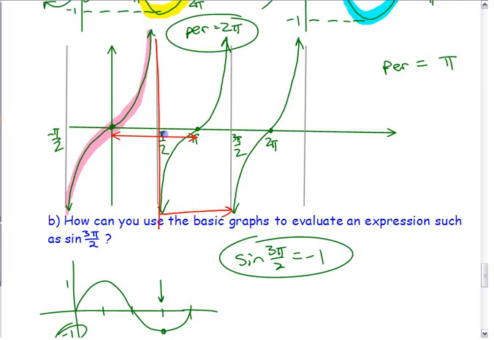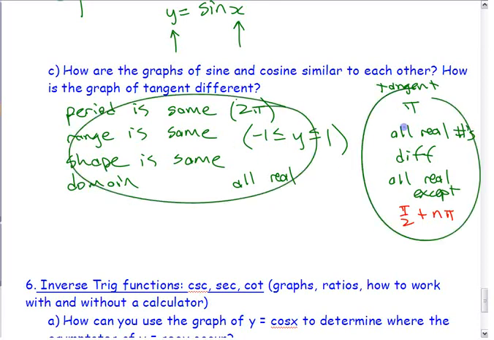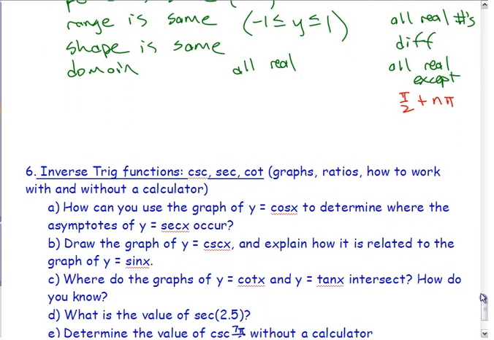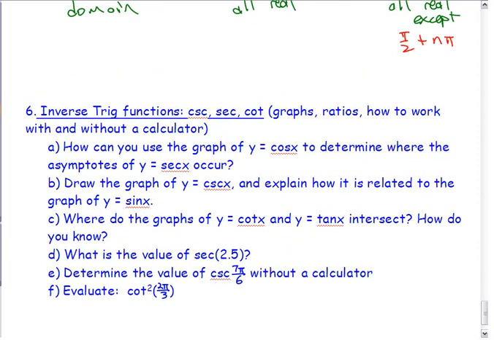So you can start at pi over 2 and add multiples of pi to get to any other one. So the way of writing that expression is pi over 2 plus n times pi. So all real numbers except for that. Obviously you could make this list endless here. No asymptotes for sine and cosine, asymptotes for tangent, but those are the main things. Alright, we'll leave inverse trig functions for a minute and do that in the next part.